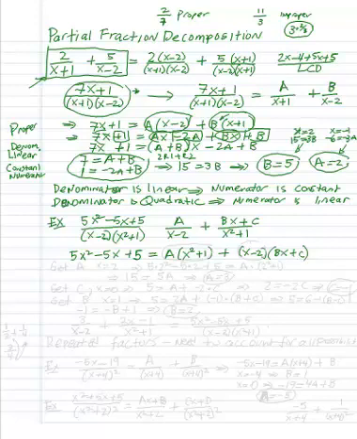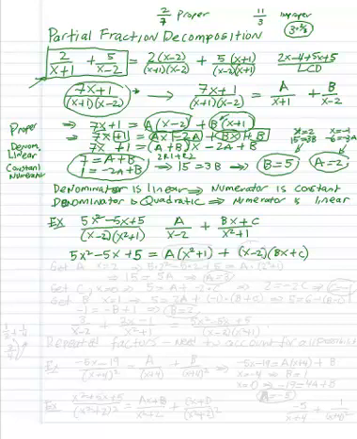And so we can either form a system by multiplying that out. We'd have ax squared plus a, then bx squared plus cx minus 2bx and minus 2c. So then the x squared terms are a and b, and they would have to equal 5.